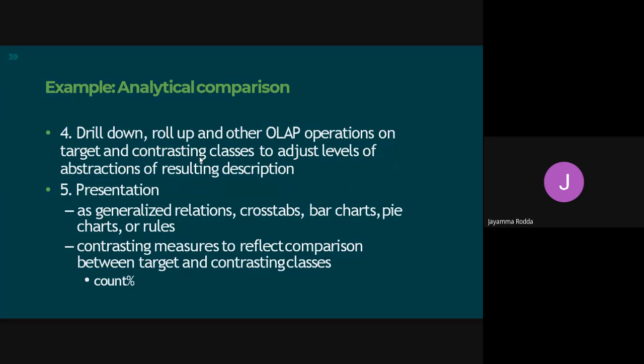In whichever way the user prefers it to be presented, it can be presented. Okay, and this will be done based on the contrasting measures to reflect comparison between target and contrasting classes.